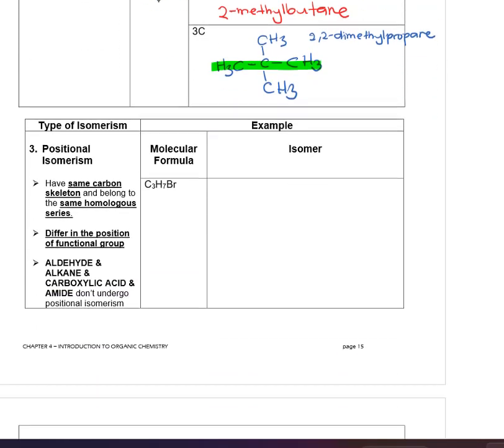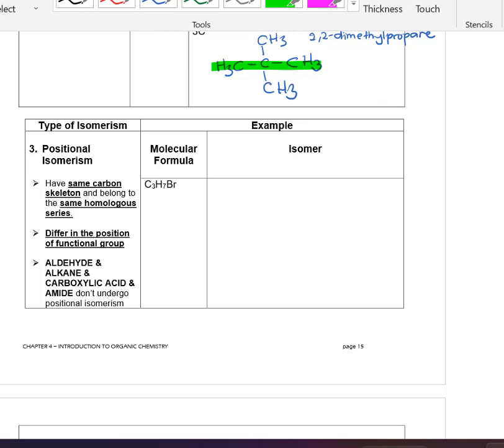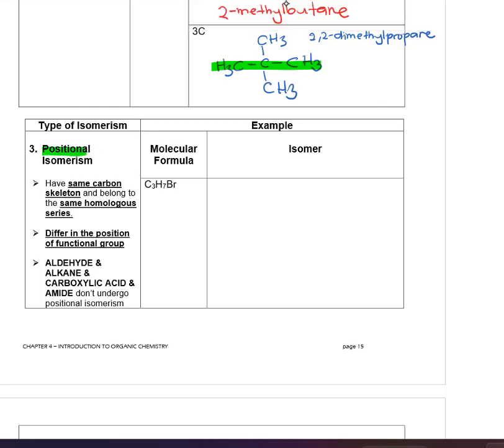And then the last one for constitutional isomerism is positional isomerism. In positional isomerism, they have the same carbon skeleton, the same longest carbon chain, but differ in position. However, aldehyde, alkane, carboxylic acid, and amide don't undergo positional isomerism.